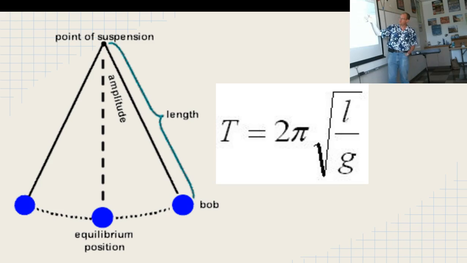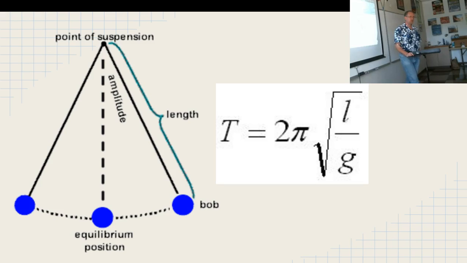Divided by the square root of the length of the arm over g. g is 9.81, right? What's the square root of 9.81? It's really close to 3.1, actually.